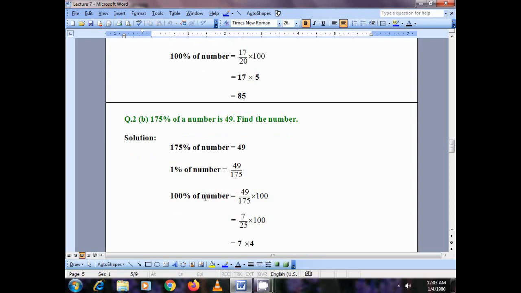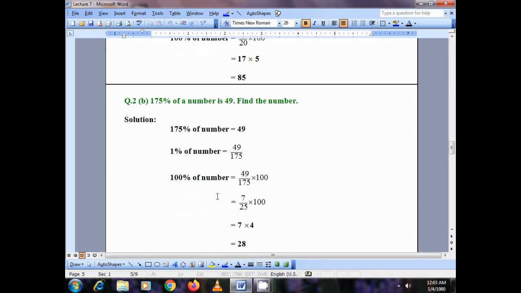Now in the third step, we will find 100% of the required number, which will be 49 divided by 175 multiplied by 100. Now we know that 49 and 175 are both multiples of 7, which means 7 times 7 is 49 and 7 times 25 is 175.